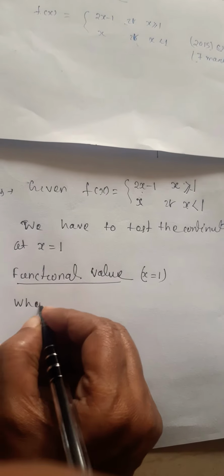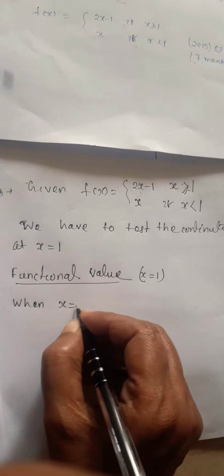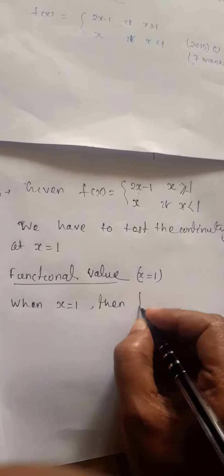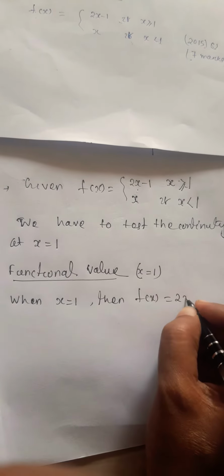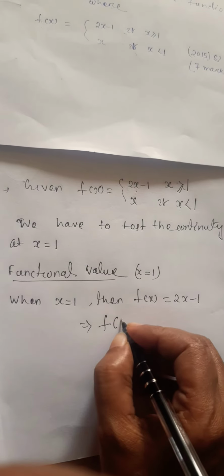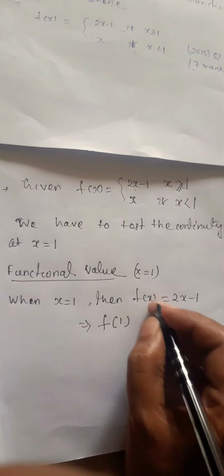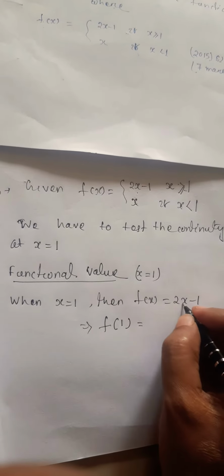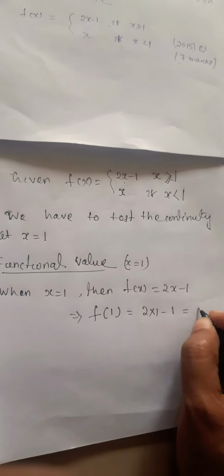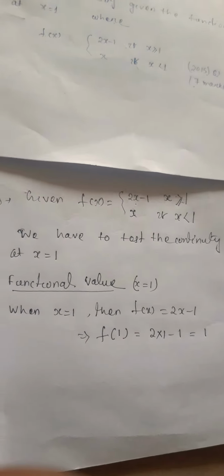So just write here that when x is equal to 1, f(x) is defined as 2x minus 1. Then find the value of the function at x equal to 1. We just put 1 in place of x here, and after calculation you get 1. This is your functional value.